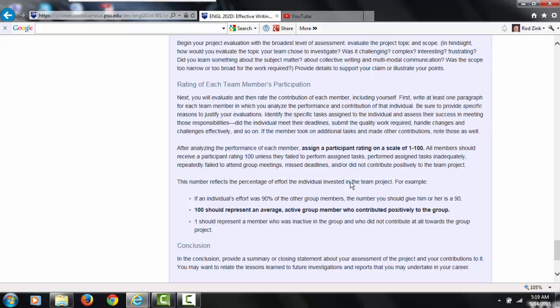Instead, in this case, a rating of 100 means that a team member did everything that was asked of the member. The member was a responsible, dependable, and productive group participant who did her or his share of the work and who deserves to receive every bit of whatever the base grade of the assignment earned.